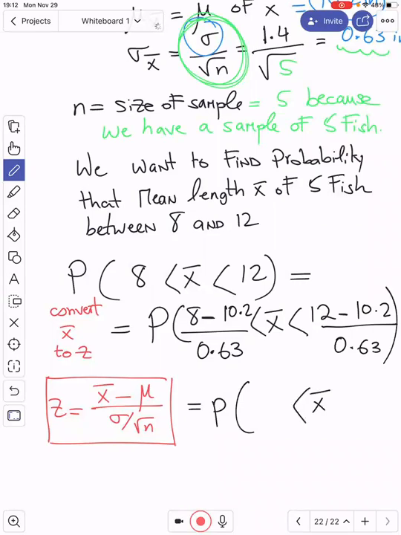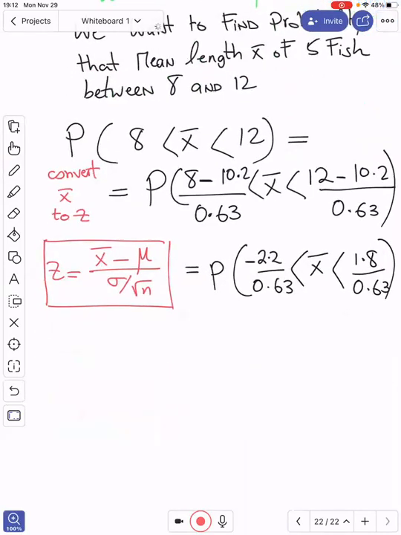So 8 minus 10.2, that's negative 2.2 over 0.63, and 12 minus 10.2, that's 1.8 over 0.63.